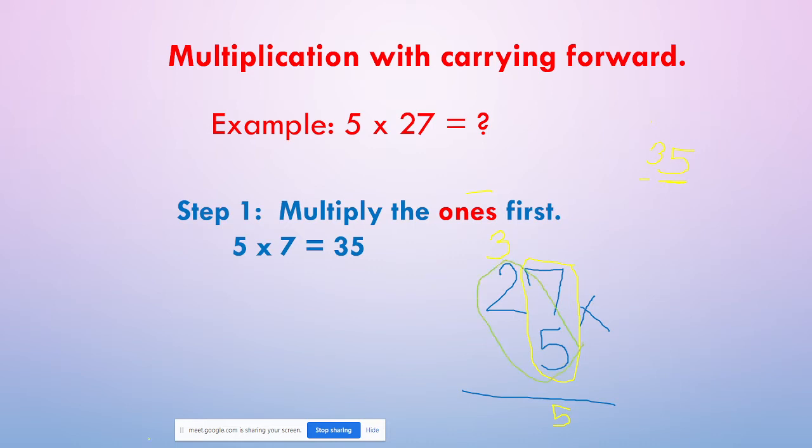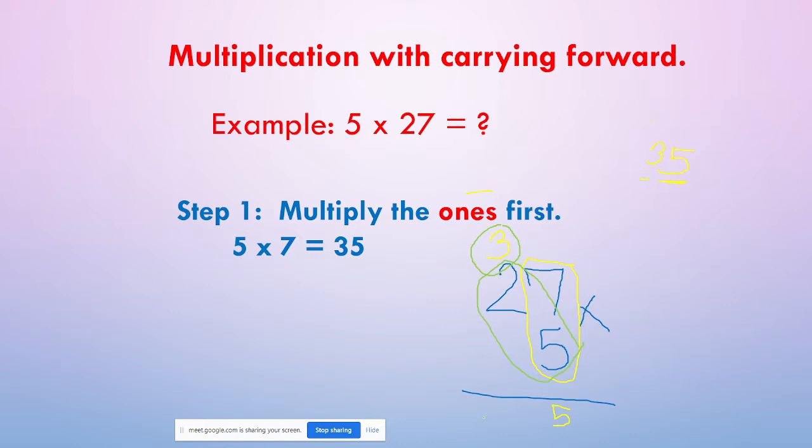Next, you have the tens place. Again, you'll have 5 times 2. What is the answer? 5 times 2 is 10. But you have number 3 here, so you will add. 5 times 2 is 10, plus 3.